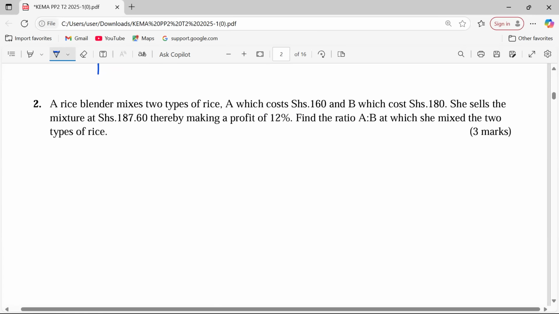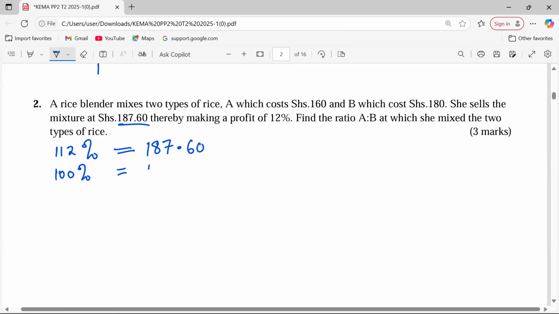So check here. When this business lady sells the mixture at 187.60 Kenya shillings, there is a profit of 12%. So this means the whole of this amount is 112%, which is equivalent to 187.60 Kenya shillings. What about 100%, which is the cost price of a kilogram of rice after mixing?